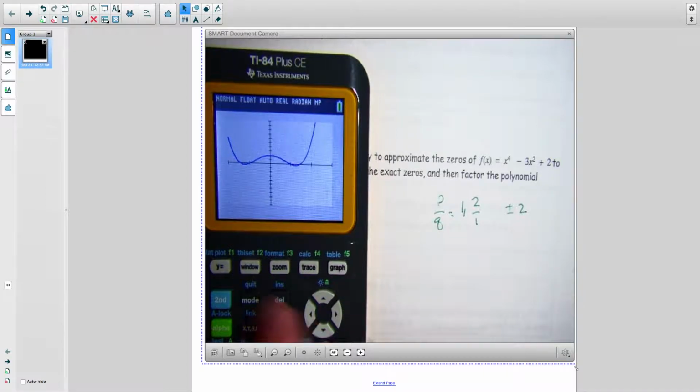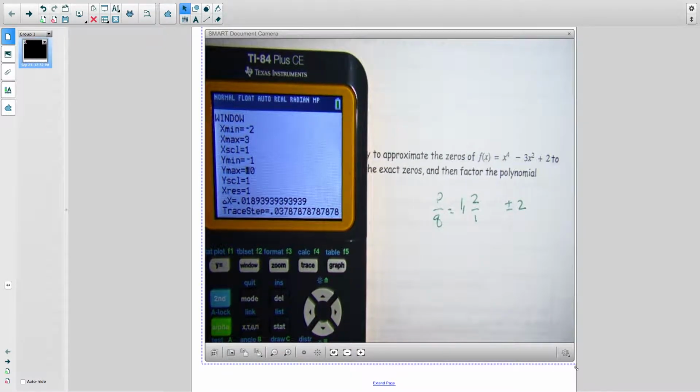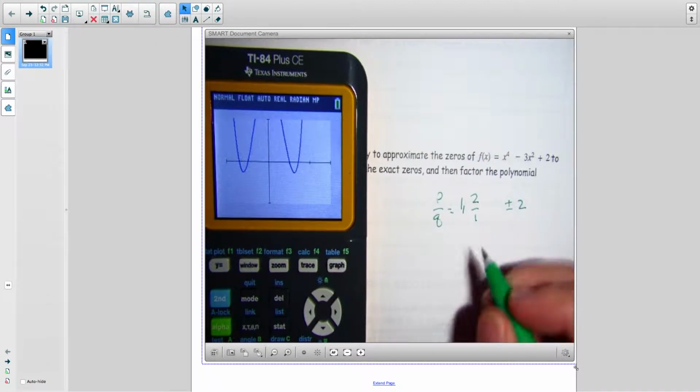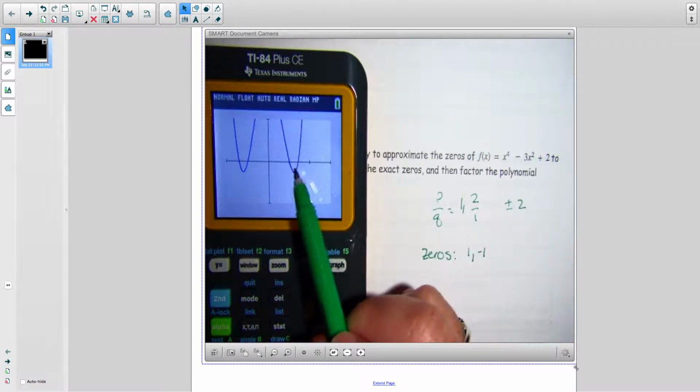Could be 4, and if we want to look more closely, let's make our window negative 1 and 1. There, look at that. So we know it's 1 and negative 1, right? But what are these other ones?